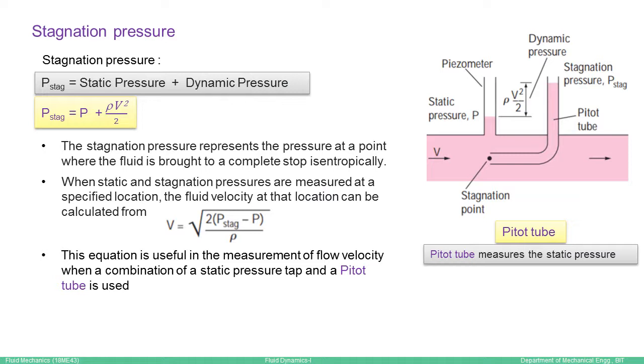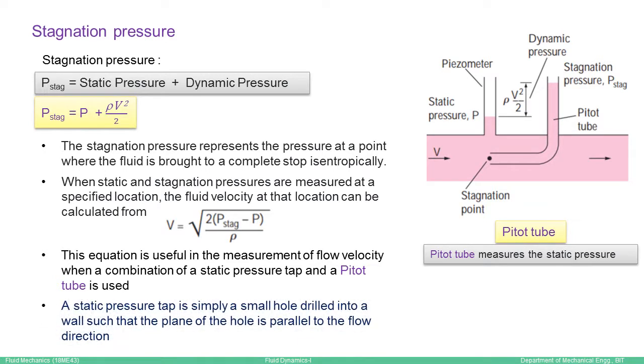Remember, fluid dynamics has its importance in fluid flow measurement and measurement of losses also. And this static pressure tap, as shown in the picture, the piezometer, is simply a small hole drilled into the wall such that the plane of the hole is parallel to the flow direction, and you can insert a glass tube so that you can measure the static pressure.